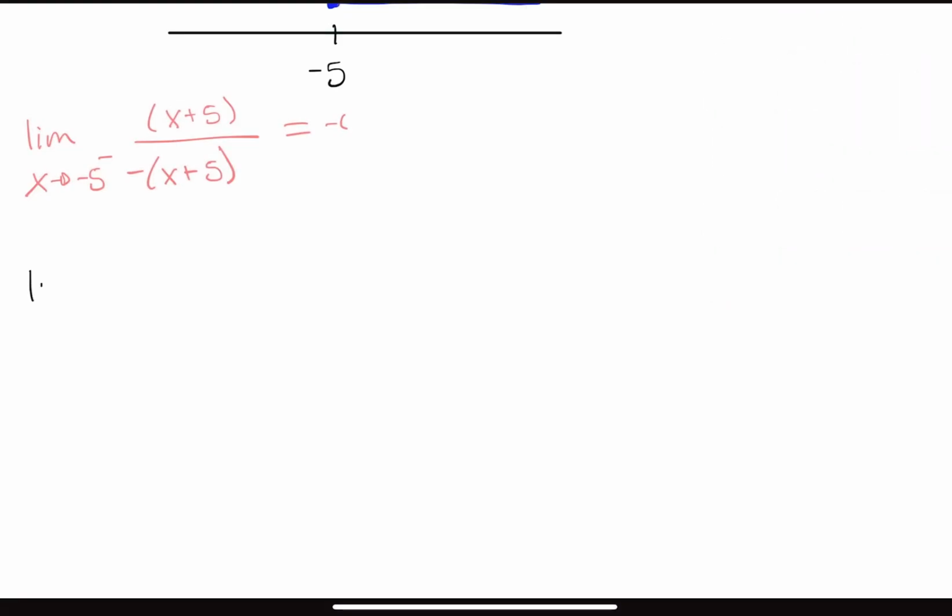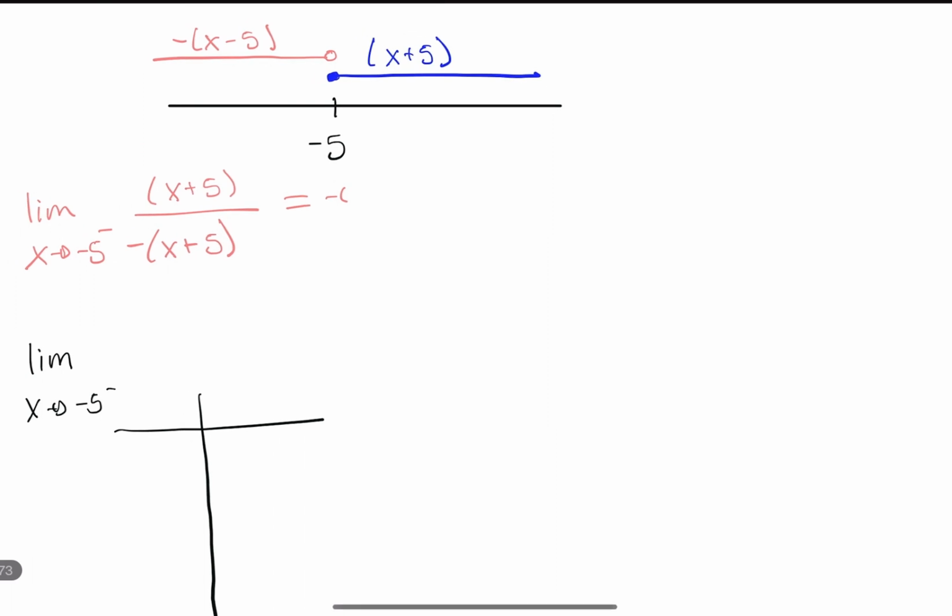So we have the limit as x is approaching -5 from the left. This is what we're working with. So if we're approaching -5 from the left, let's use some values that are very close to -5, but not quite -5. And remember, we're coming in from the left.